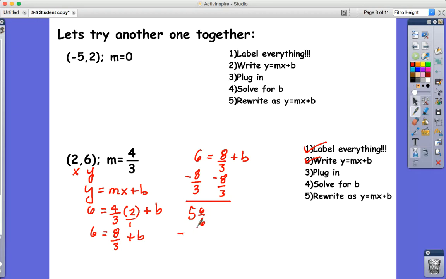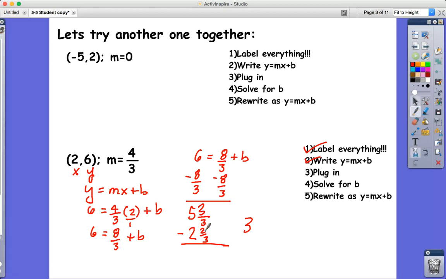And then, well, we want to put them as thirds, Mr. O'Neill, not sixths. 5 3/3 is the same thing as 6. 5, and then you got a whole. 5 plus a whole makes 6. All right, 5 plus 1. This is 2 2/3. So when I take off 2 2/3, I'm left with 5 minus 2 is 3.